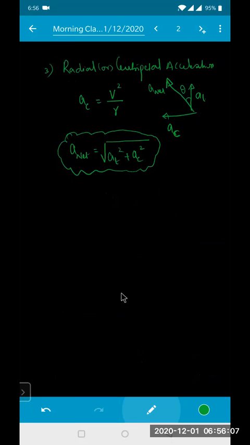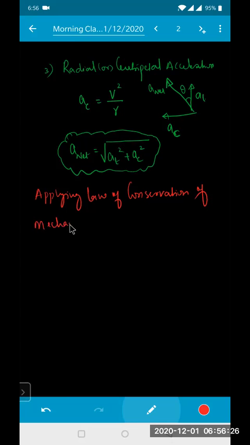Okay, now apply the law of conservation of mechanical energy. What is the law of conservation of mechanical energy?